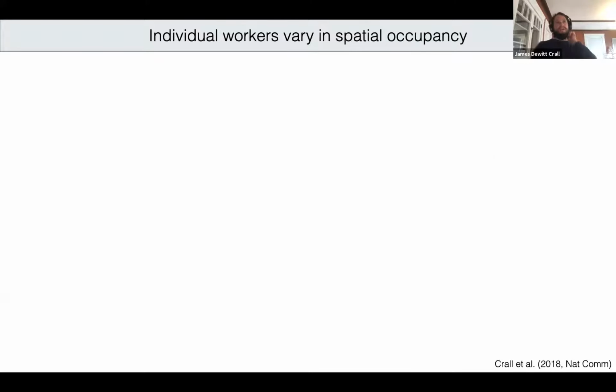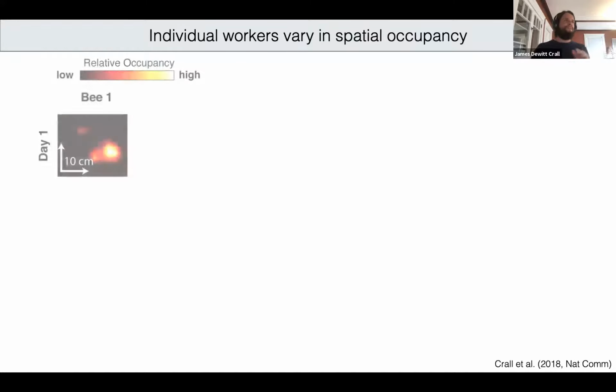Another really striking correlated pattern is that there's very strong individual spatial occupancy within the nest. And bear with me a little bit, this is going down a rabbit hole, but it will come back. So if we take all that tracking data within a colony and create a little home range, a map of where that bee spends time within the nest, this graph is showing a heat map of that, where this bee likes to be in the middle.